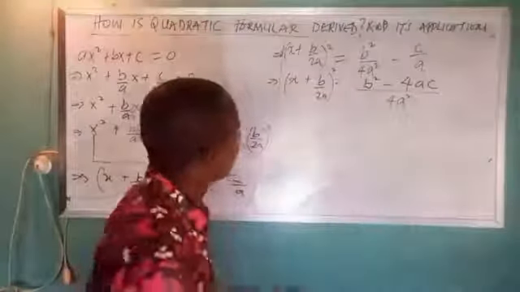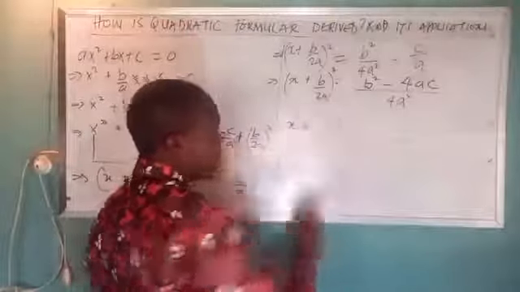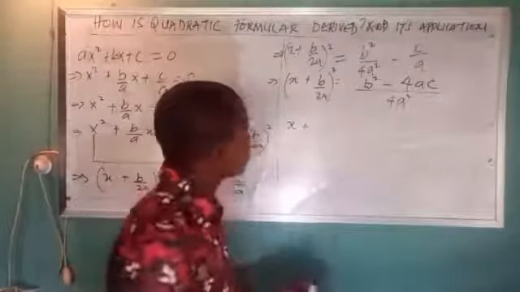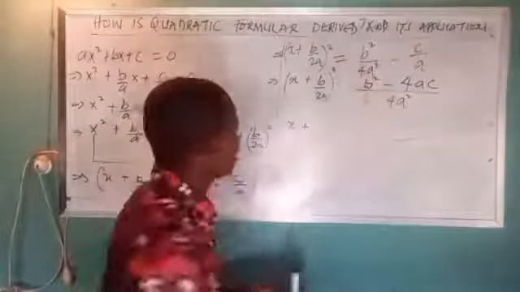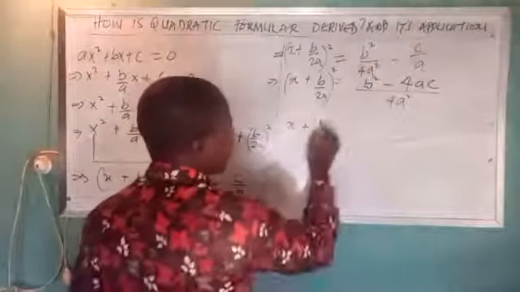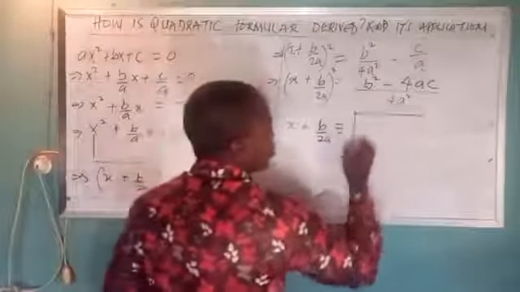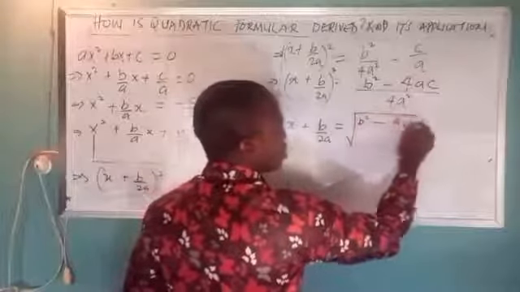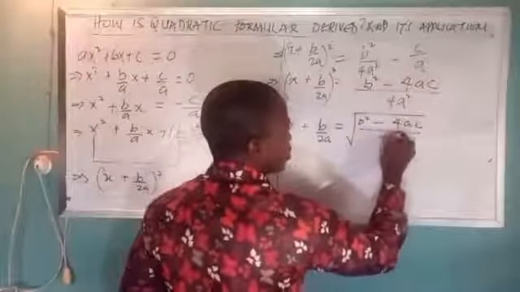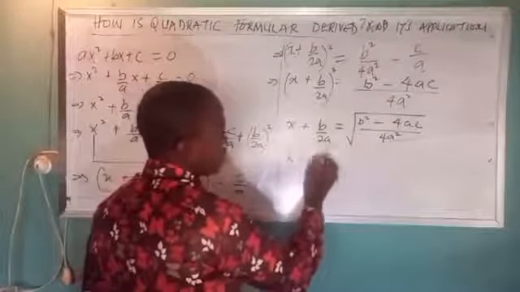So taking the square root of both sides, the square root will do away with this, we turn this one to 1. So we have x plus b over 2a equals the square root of b squared minus 4ac over 4a squared. Now from here, we try to write this one further.